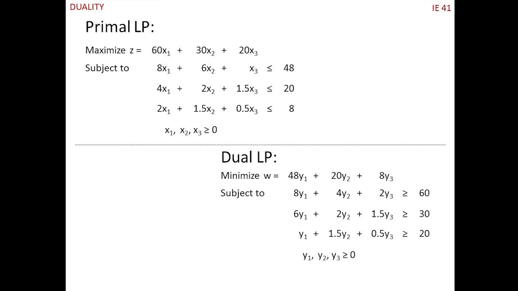You can see that the columns and the rows were just interchanged, since the dual coefficients matrix is just the transpose of the primal coefficients matrix.